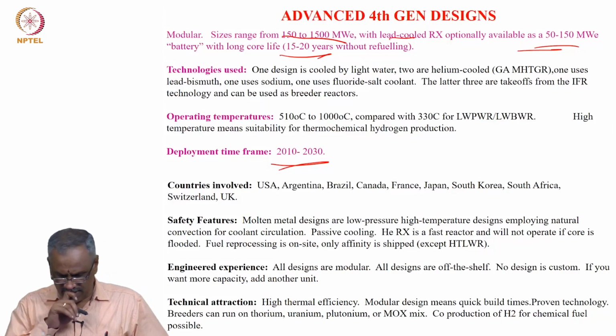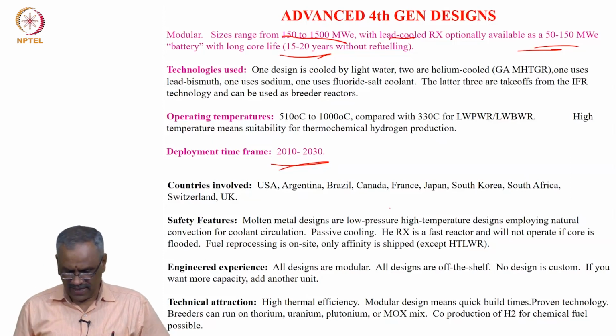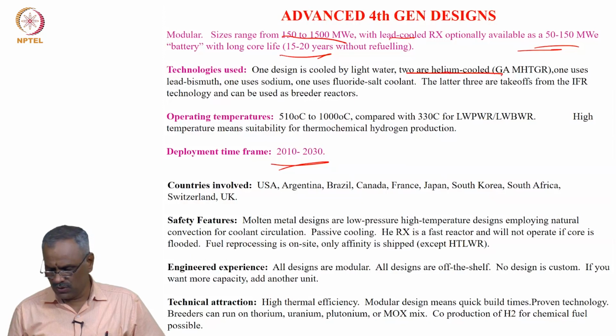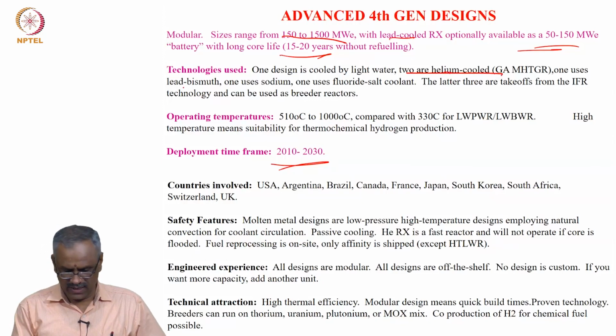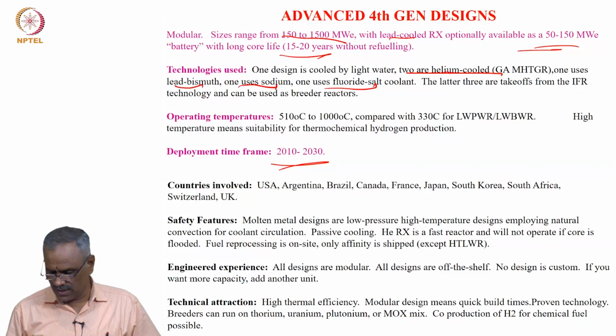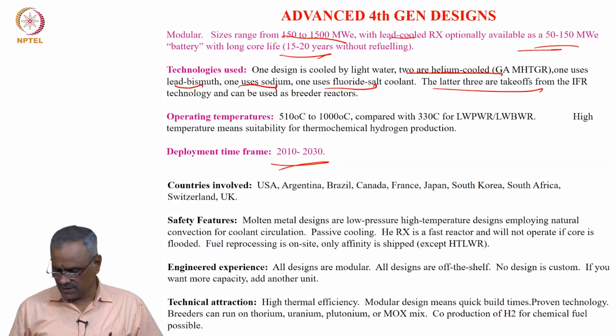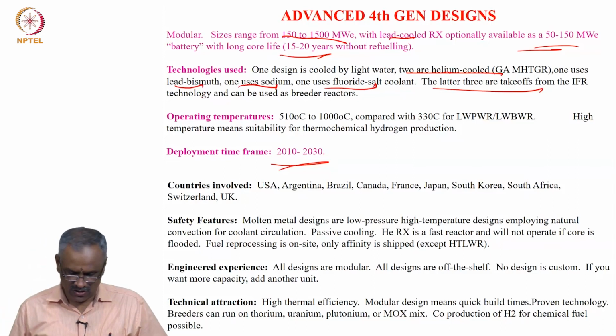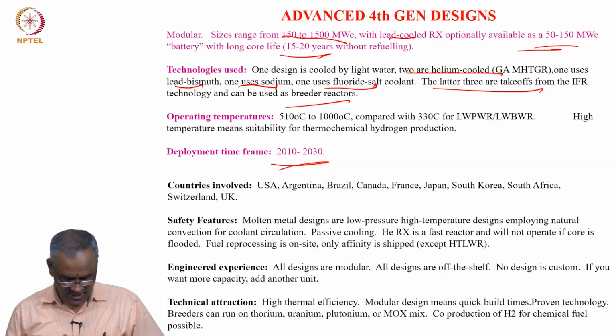This is a typical characteristics table. Here helium cooled is used, and this is lead bismuth, and of course, one uses sodium and fluoride salts as coolant, and there are different technologies which are used for fast breeder reactors.